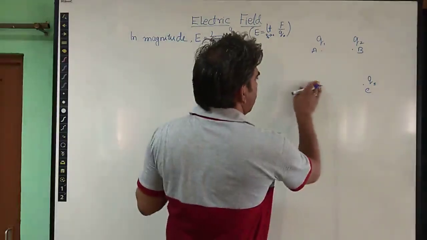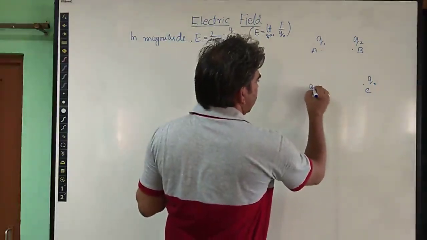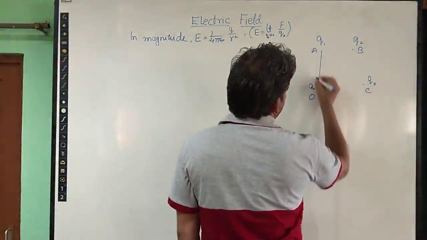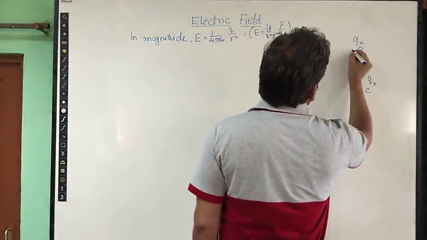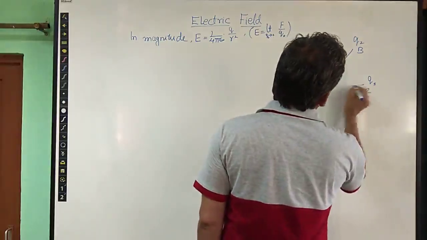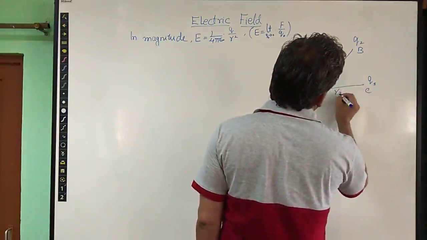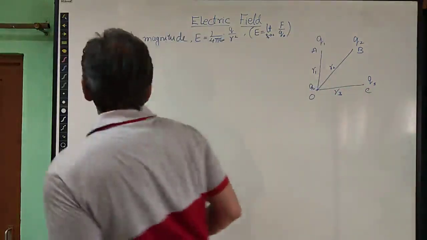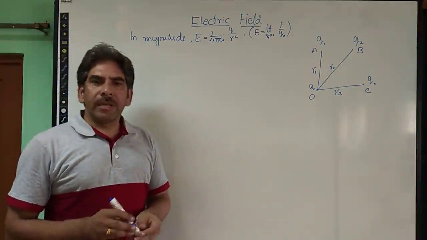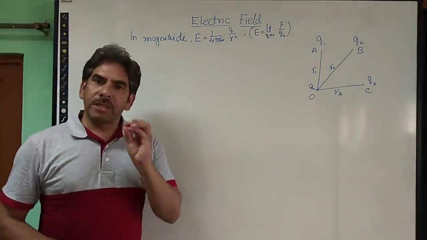So what is the position of this test charge from the first charge? Let it be represented by r1. From the second charge q2, let it be represented by r2, and from the third charge, by r3. So we write the expression for the electric field in a very similar manner as we have written the expression for the electrostatic force.